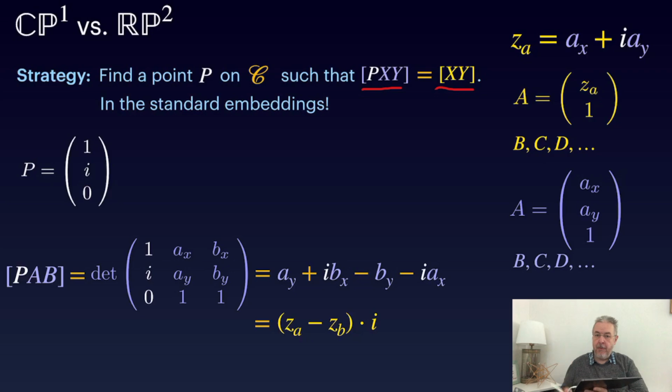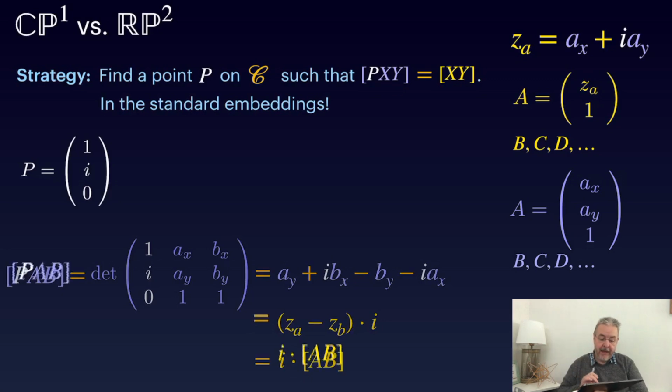So just press the stop button and check the validity of those equations here. And if you look at this, this is nothing else than I times the determinant AB. So we almost reached our goal, up to a factor I. But this factor of I doesn't really matter, because you remember we are calculating cross ratios, and then we divide the product of two determinants by the product of two other determinants, and this common factor will simply cancel out.